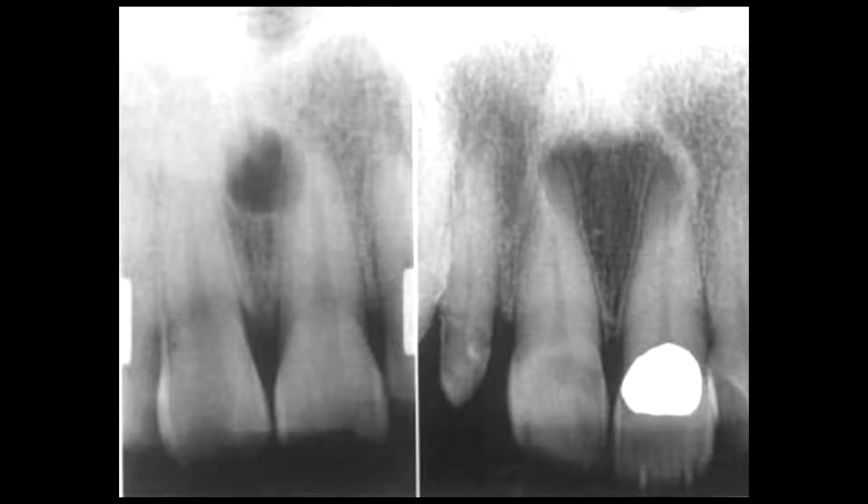Radiographically, it's a well-circumscribed radiolucency between the maxillary central incisors with an open heart shape. Microscopically, the cyst is lined by a squamous or respiratory epithelium, with blood vessels and small nerves in the cyst wall. The treatment is surgical and it can be diagnosed radiographically as well as microscopically.